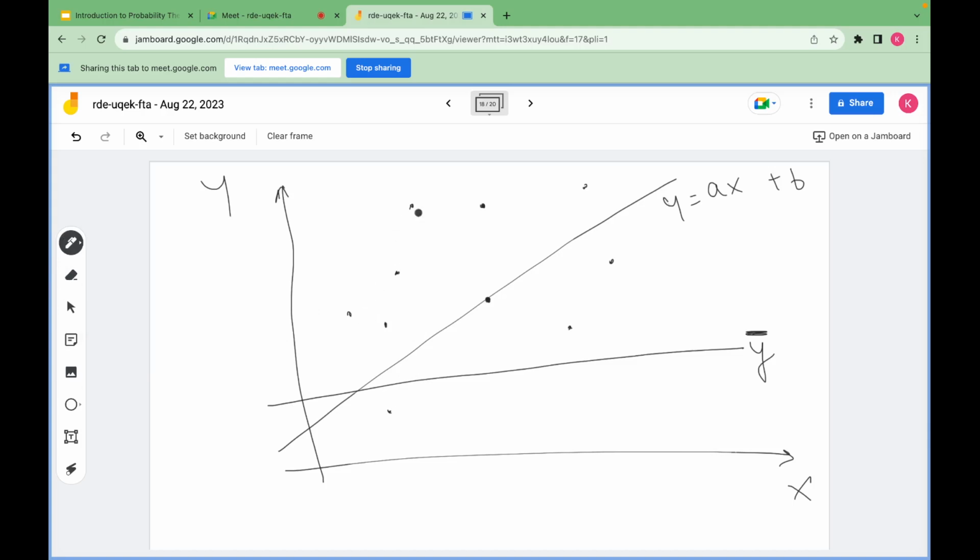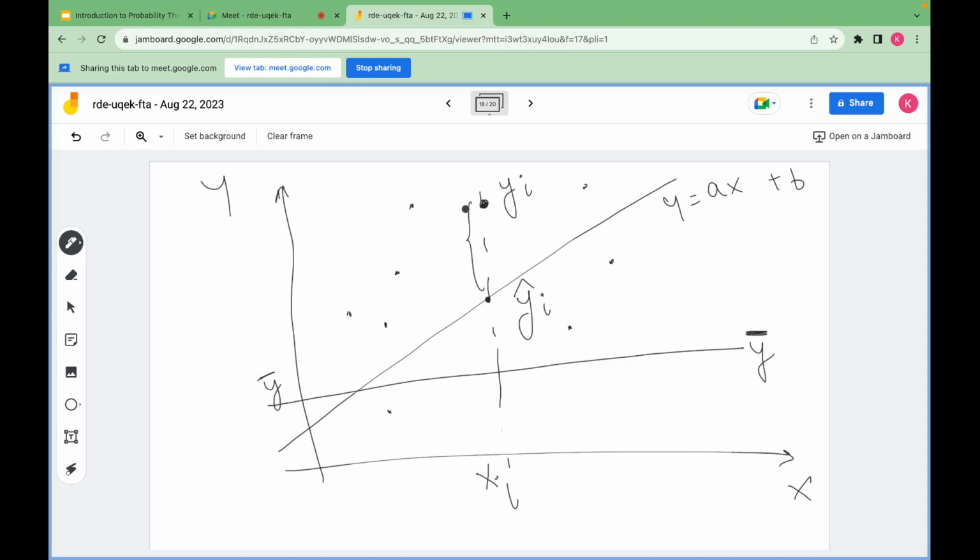These dots denote the actual data. This is our regression line, and this y bar is the average. For this xi, this is the predicted value, because it is on the regression line, and the actual value is yi.